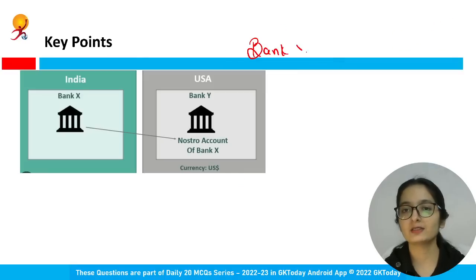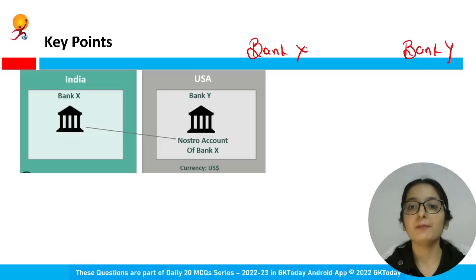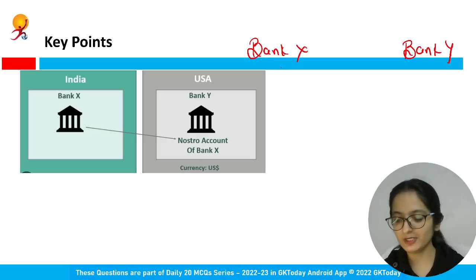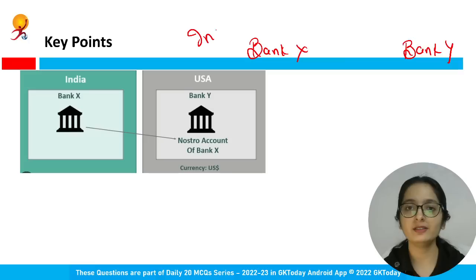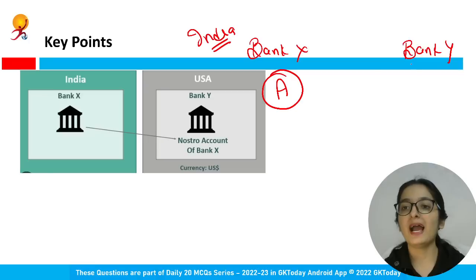Bank X, Bank Y, right? Bank X, the customer here is in India and the name is A, right? Bank Y, the customer here is B and let's say is in the US.